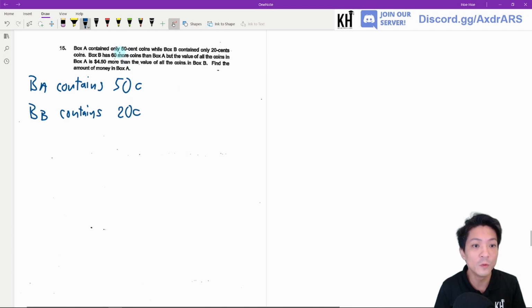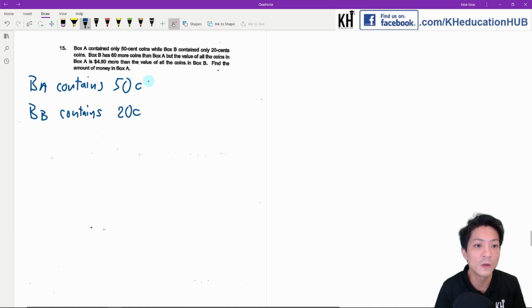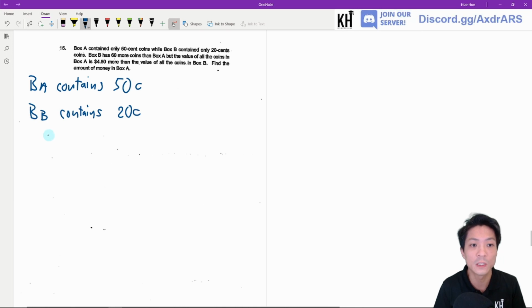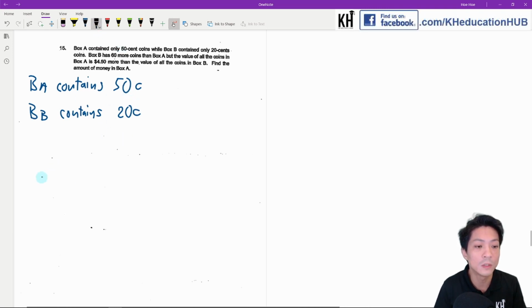If I were to remove these 60 coins from box B, the number of coins that they have will be the same, which means that the ratio of the amount of money in box A to box B will become 5:2. Okay, so I'm going to draw a model that represents the amount of money that they have when they are equal.